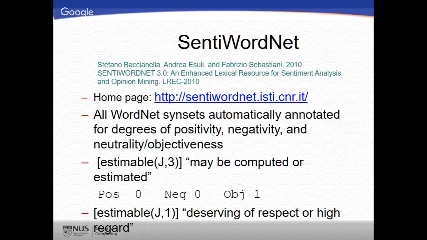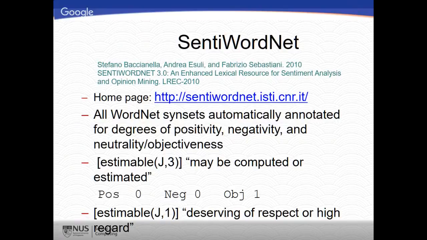Humans annotated the different meanings of each word. They are called synsets. For example, estimable as an adjective can have different meanings. For example, it can mean may be computed or estimated.